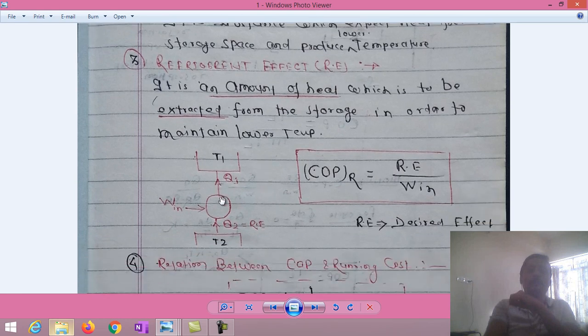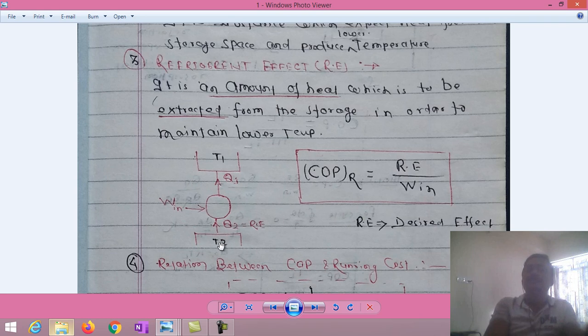This diagram is of a refrigerator, right? In this refrigerator, this work input is required to run this refrigerator. If this work input is done, this Q2 amount of heat is extracted from the lower temperature.